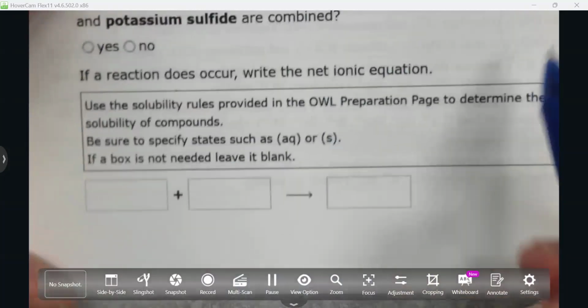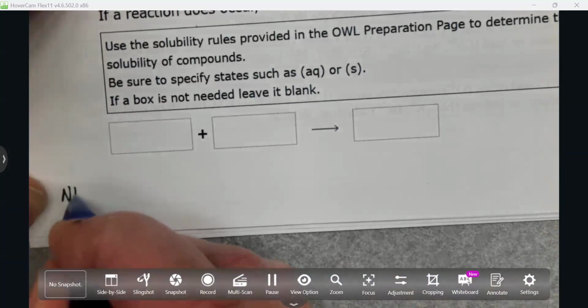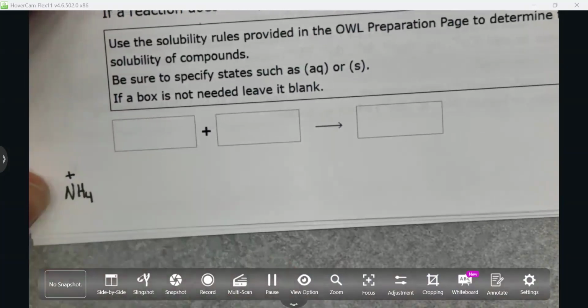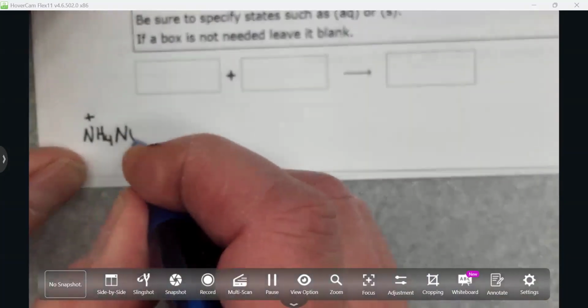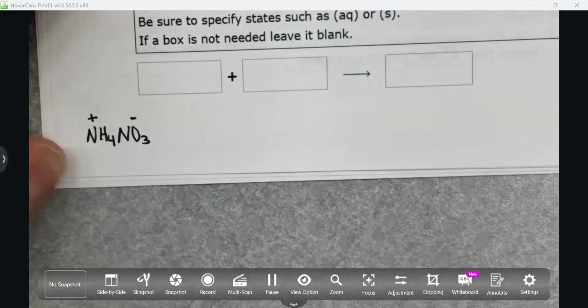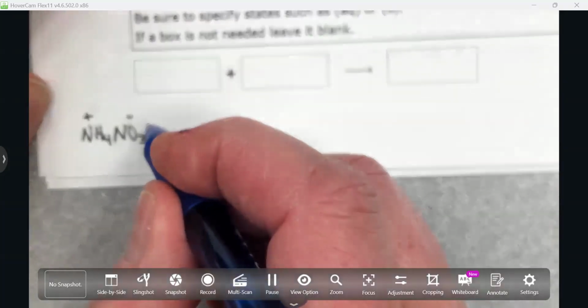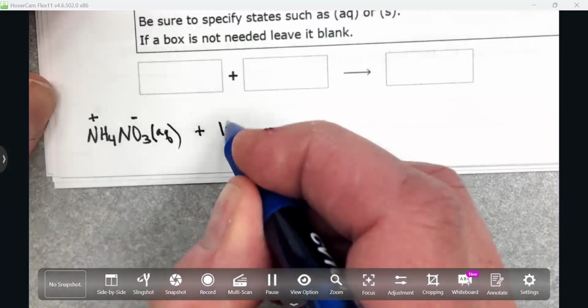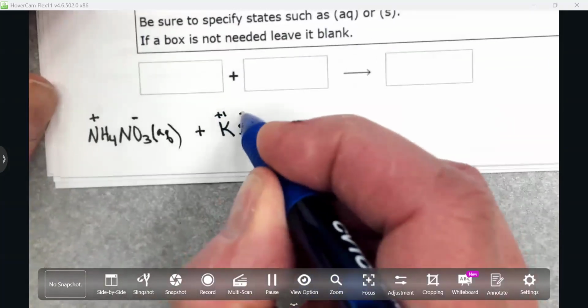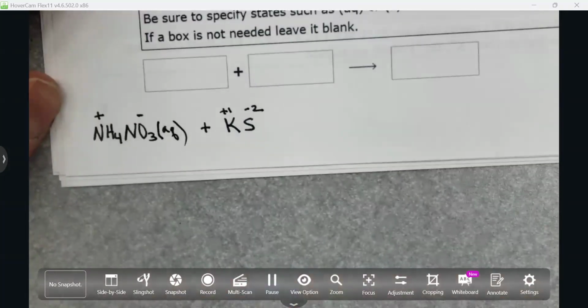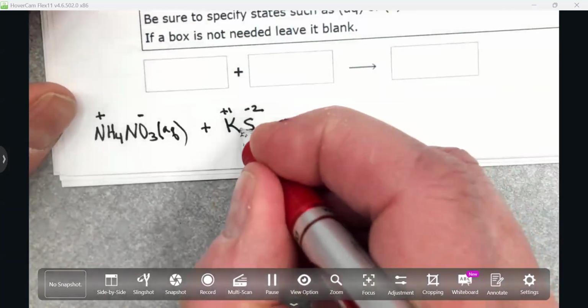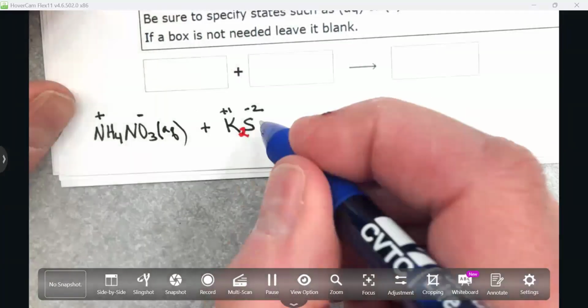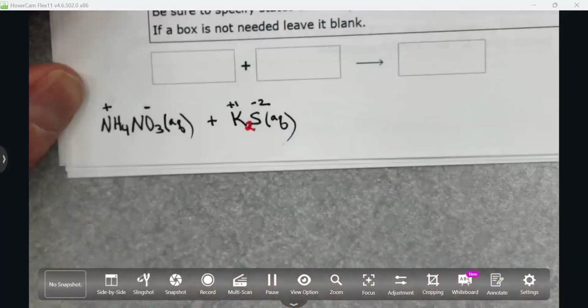Ammonium nitrate: ammonium, NH4 plus 1, nitrate, NO3 minus 1, aqueous. Potassium sulfide, K2S, aqueous.